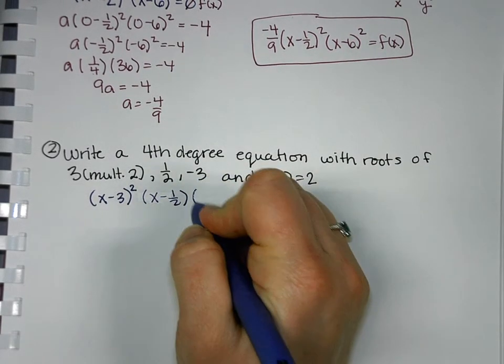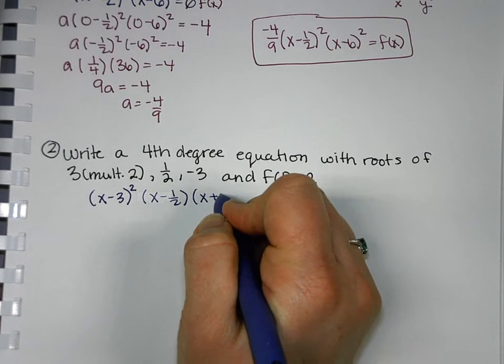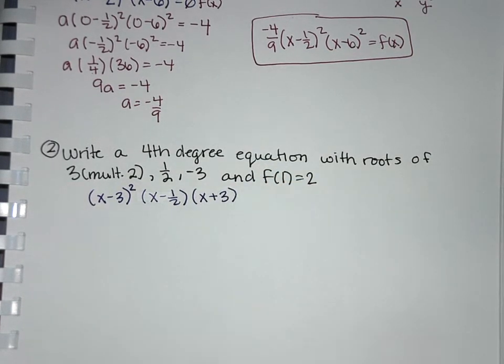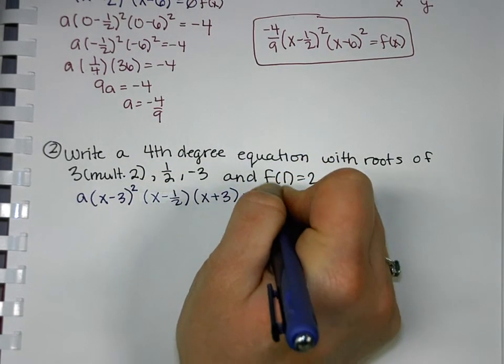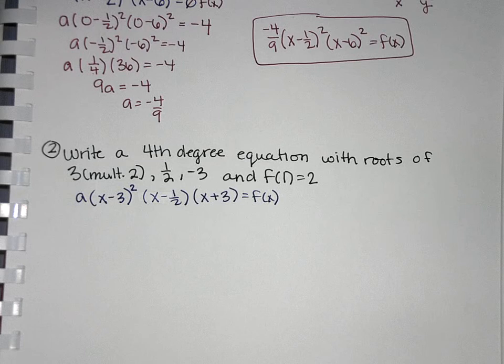Negative 3 means I'll have x plus 3. I put my a in front just to make sure that I've got that. So here would be a good start to your function.